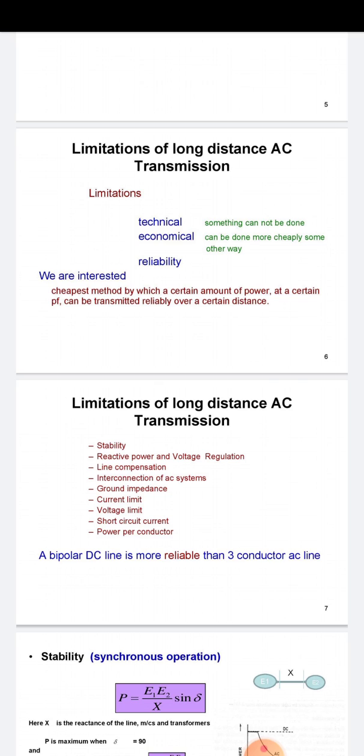Then the corona effects tend to be less significant on a DC conductor. This is a main disadvantage of AC, and one kind of advantage in DC.